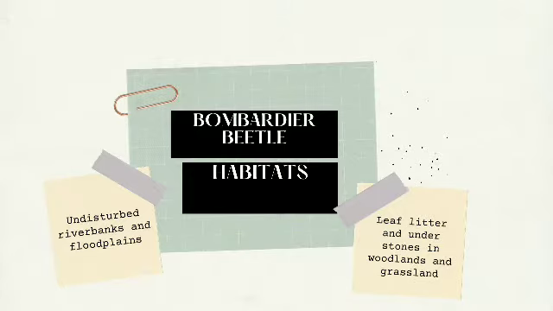Do notice that the Bombardier beetle favors moist environments. Thus, it is easier to find them in these particular places. So if you ever stumble upon any moist ground in America or even in Canada, there is a high chance that you can find the Bombardier beetle there.